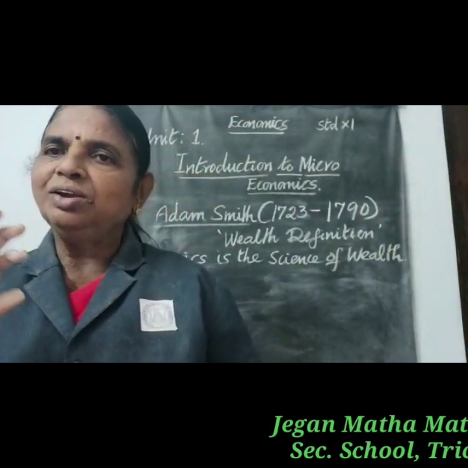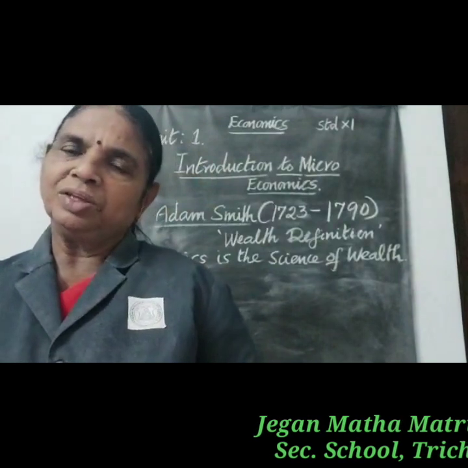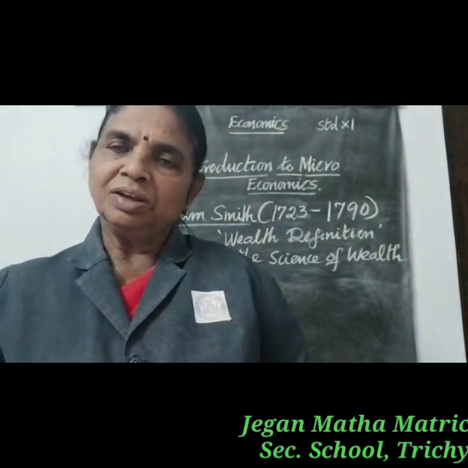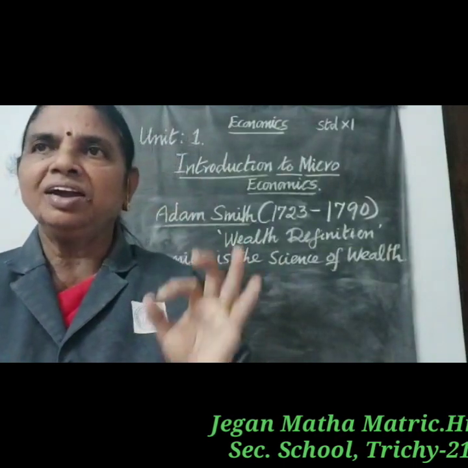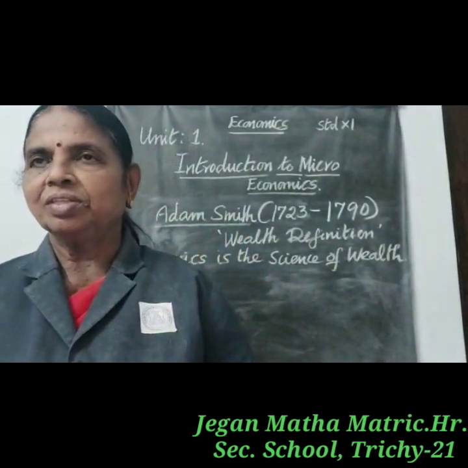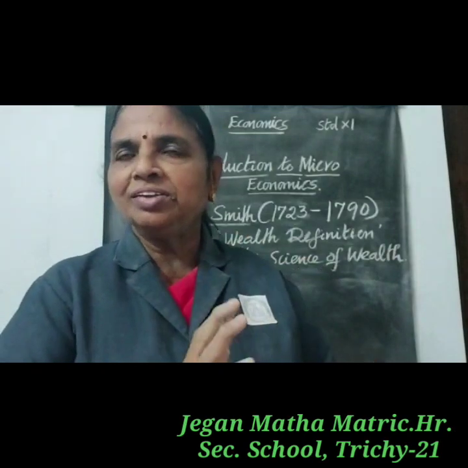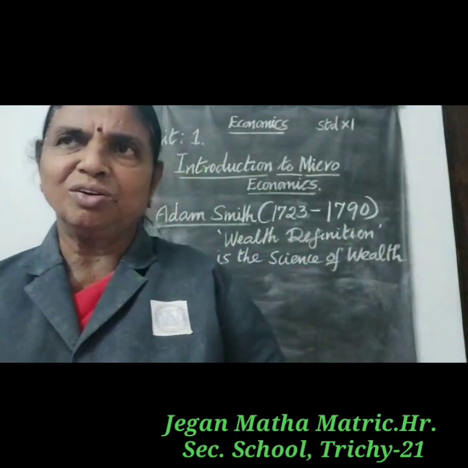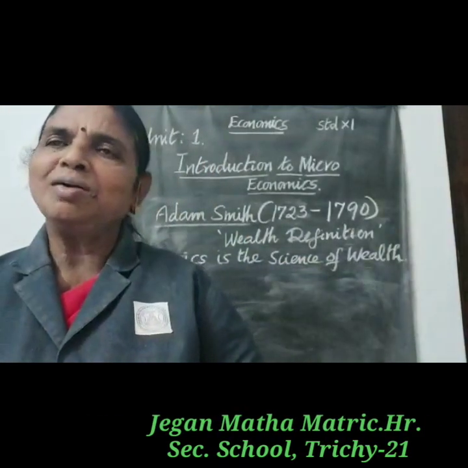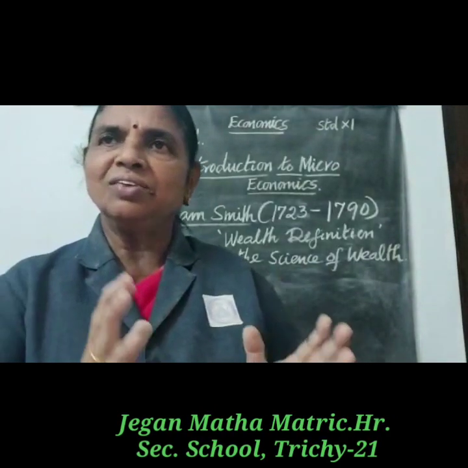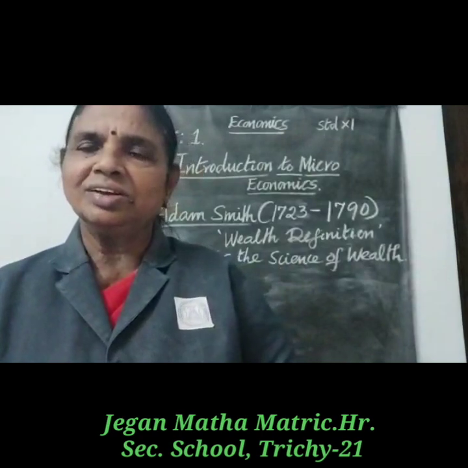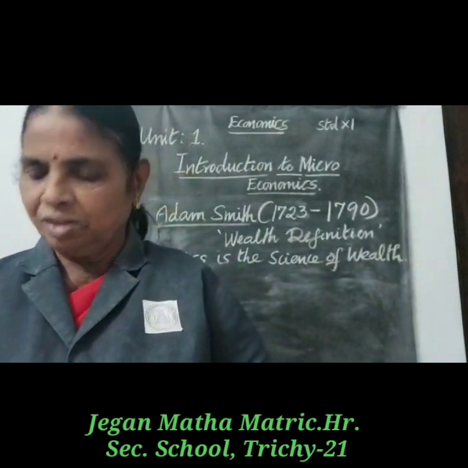He completely ignored human psychology, human behavior, human welfare. Wealth is treated as an end in itself. Human welfare is an essential part of economics, and it is completely ignored. It teaches selfishness against ethics and morals.